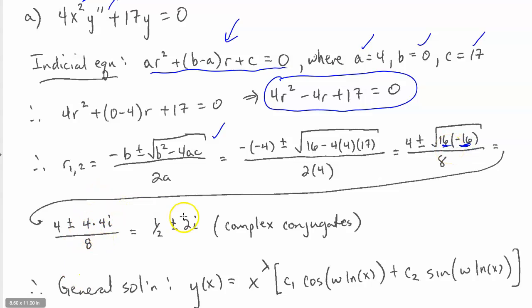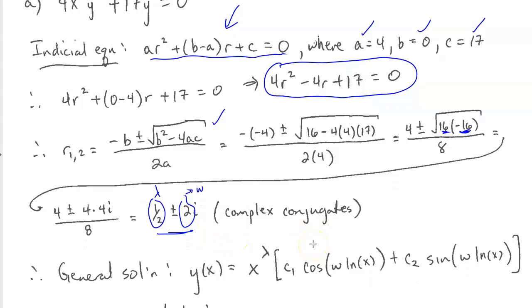And of course, this breaks up into complex conjugates, where this is my real part, 1/2, and 2 is going to be the imaginary part, where omega or w is going to be that corresponding constant for the imaginary part.